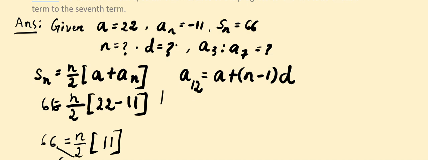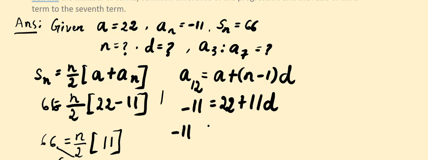Here a12 we got, that is minus 11, is equal to a, here 22, plus 12 minus 1, that means 11, d we want, we will write here.